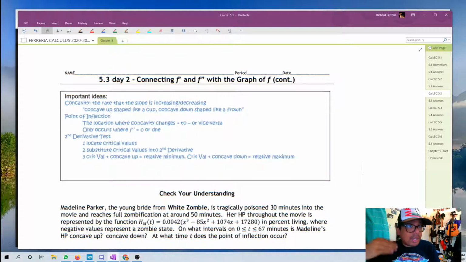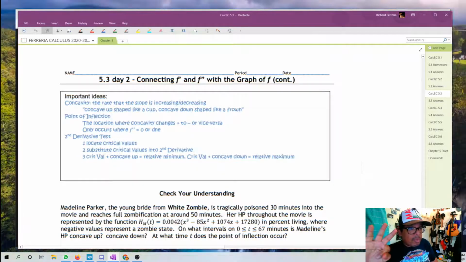Points of inflection are where the concavity changes either from positive to negative or negative to positive, and those will only occur when f double prime is equal to 0 or f double prime is undefined.